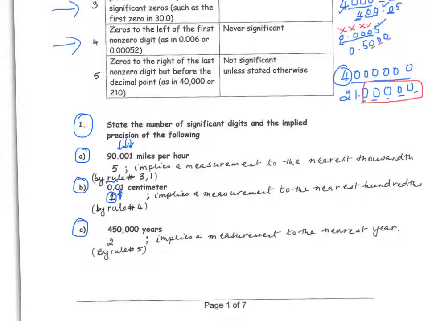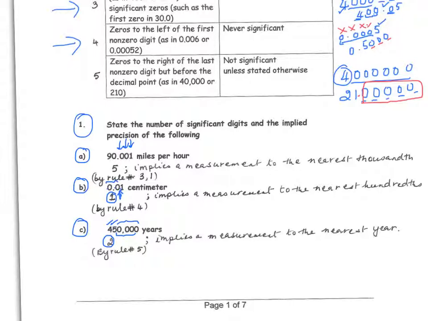So we have the next problem. There are only two significant digits because we have 4 and 5, which are non-zero. Everything that follows is 0. So therefore, there are only two significant digits because these zeros are not significant.